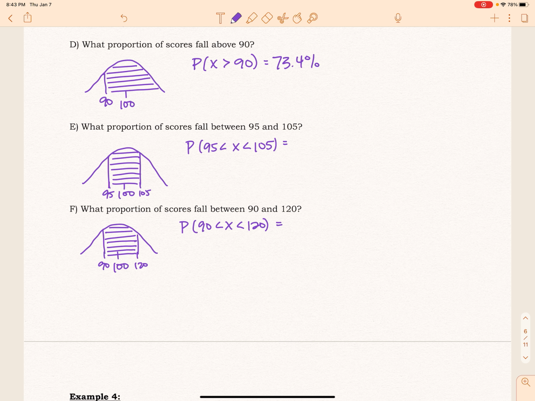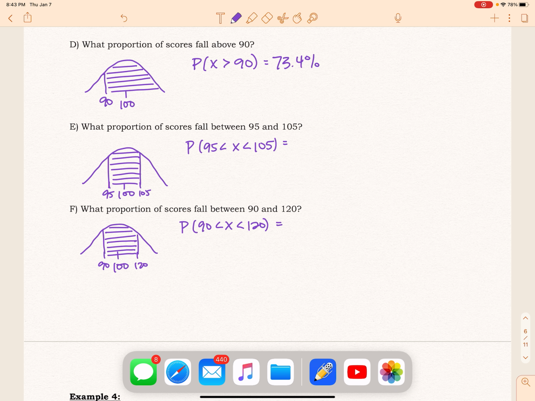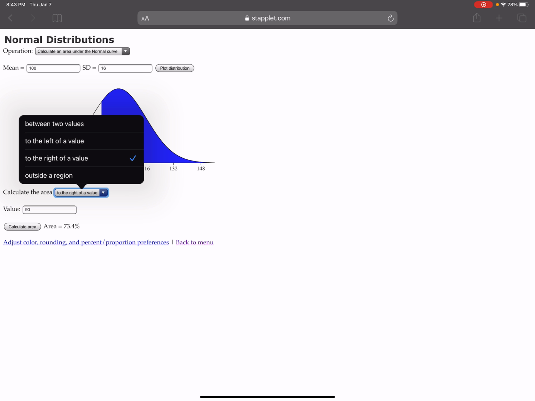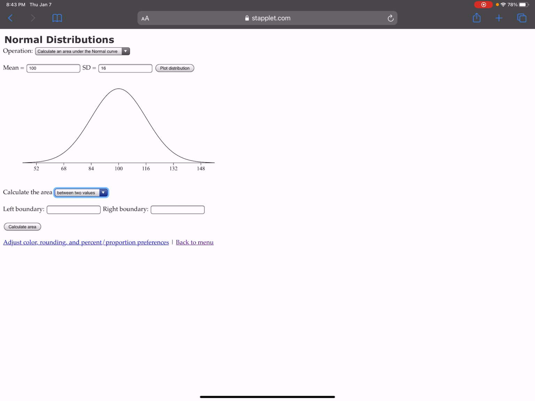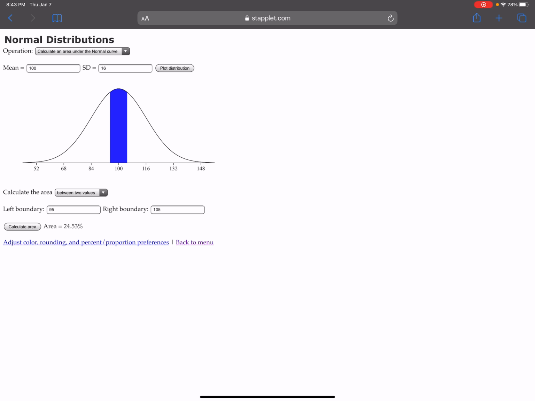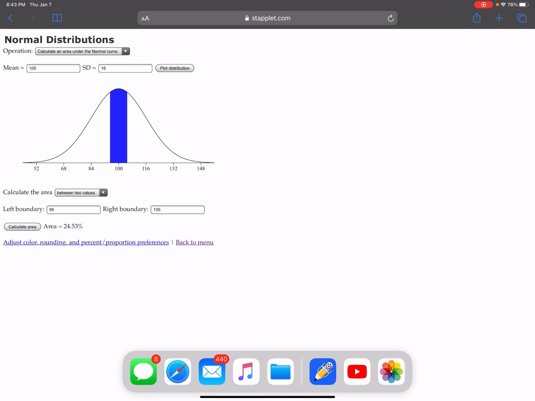I've got my picture here, I've got my shading, I've got my inequality. Going to go to Stapplet to find my answer. This time in my drop-down menu, I'm going to choose between two values. It does give me the option to do that, so that's kind of nice. And I get 24.53%.